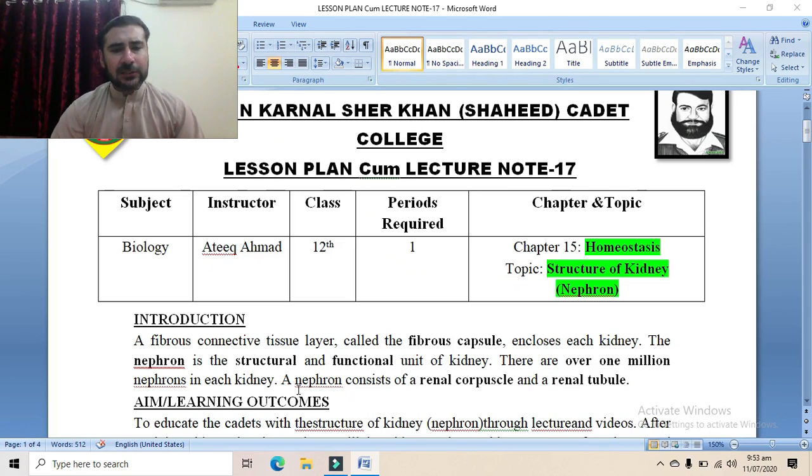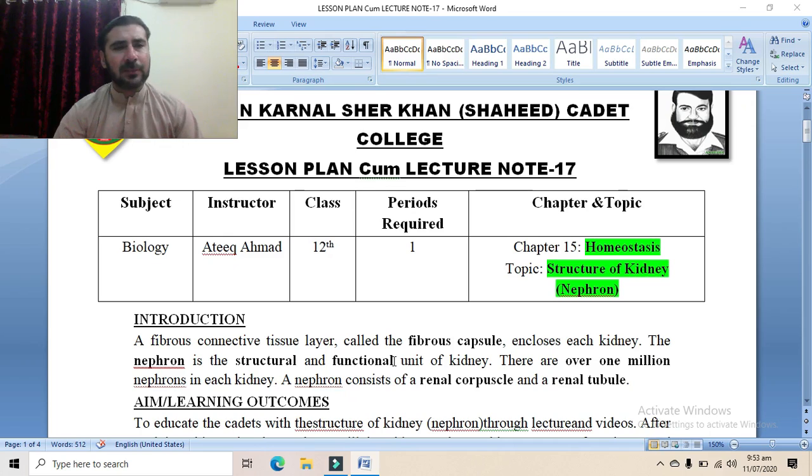The basic structural and functional unit of the kidney is the nephron. It means that structurally the kidney is made of nephrons, and functionally all the functions of the kidney are performed by the nephron.